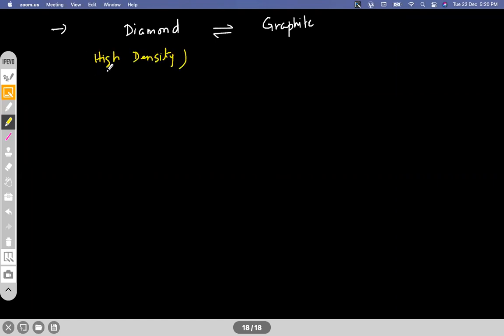One last example we have in this. If we talk about diamond and graphite, diamond has high density. And this has low density. High density means less volume, same thing. Here we have more volume.